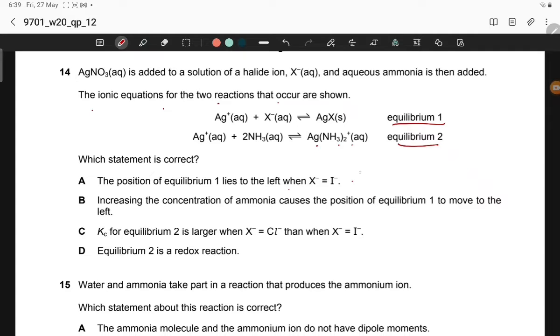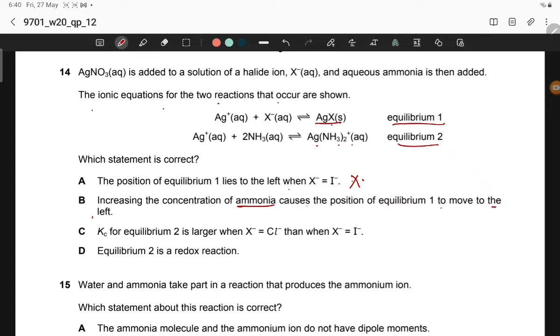So this is incorrect. Increasing the concentration of ammonia causes the position of equilibrium 1 to move to the left. Yes, AgX, this is equilibrium 2.